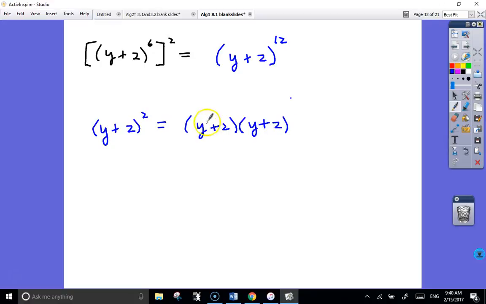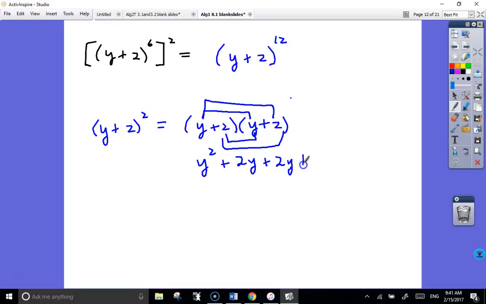Okay? Now, we're going to get to this, but when you multiply 2 terms times 2 terms, that's the process called FOIL. So I would have to multiply y times y, y times 2, 2 times y, and 2 times 2. And if I combine like terms, y squared plus 4y plus 4.